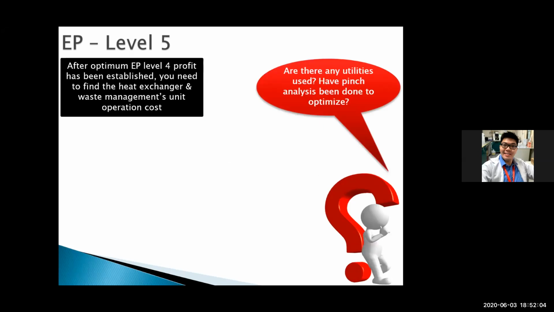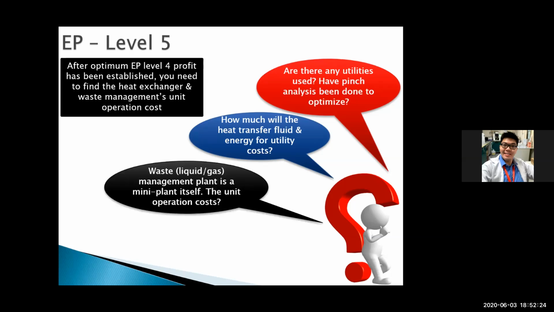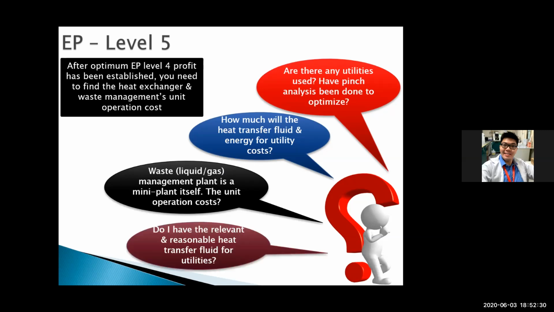So for the utilities, maybe you have learned about pinch. You need to ask yourself, has your pinch analysis been optimized yet? And how much heat transfer fluid do you need for that particular heat exchanger or utility? And for the waste gas management plan, what is the operational cost?